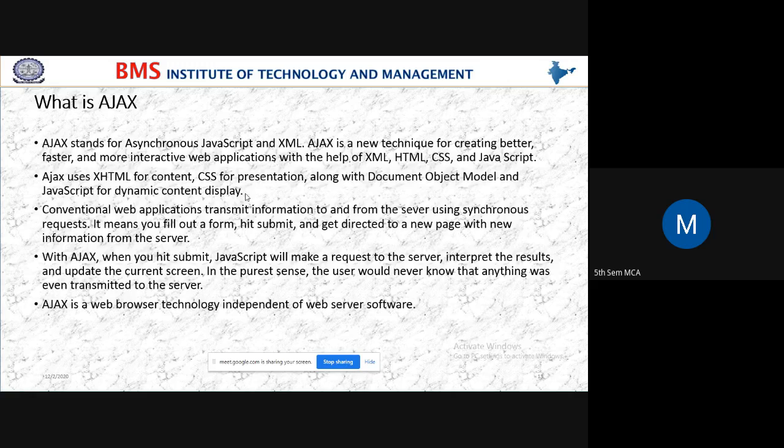With AJAX, when you hit submit, JavaScript will make a request to the server. When I click on the submit button, it may be a search button also, the JavaScript will make a request to the server, interpret the result, and update the current screen.